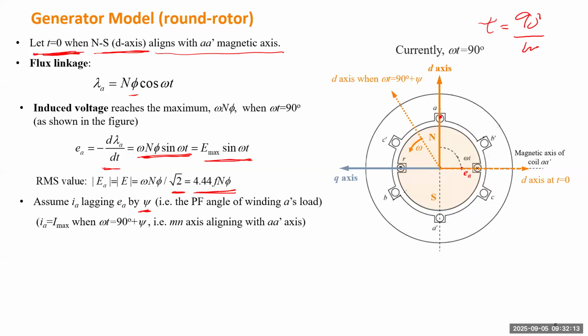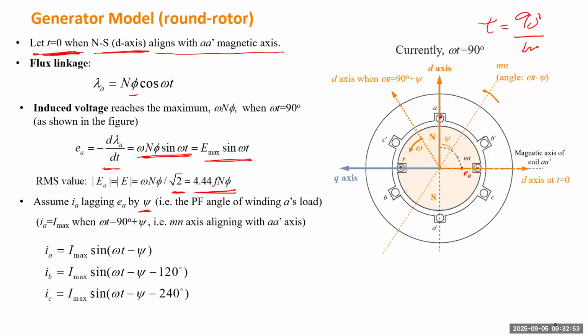So we can define one axis that always lags the D axis by angle psi. That helps us determine the peak value of the current. This angle is psi, the power factor angle of everything outside the generator. If this is the direction of the voltage, the current lags the voltage by psi, orthogonal to this axis.